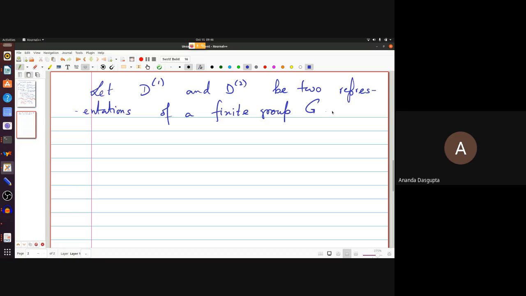Group G of dimensions, let's say small d1 and small d2.